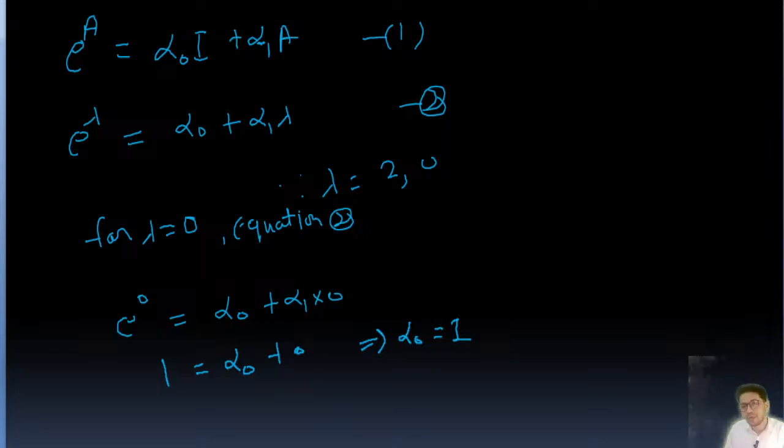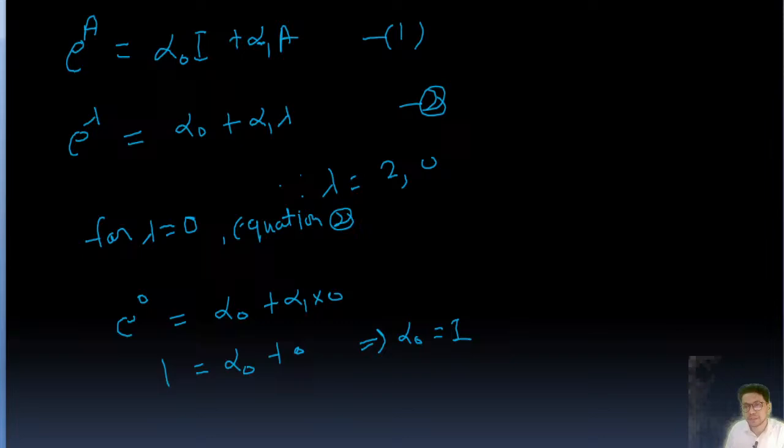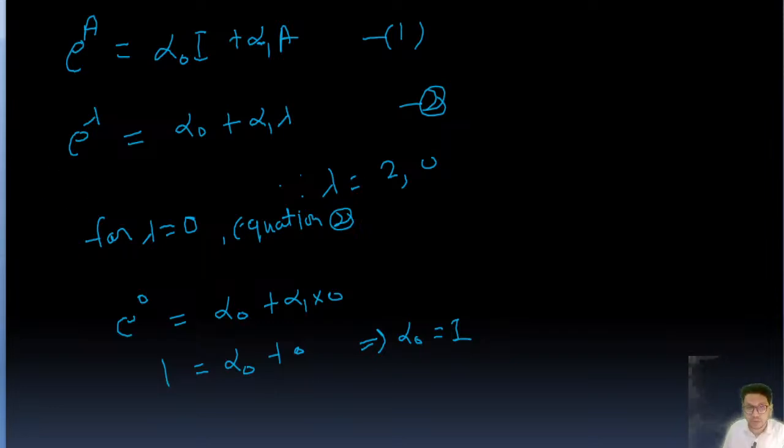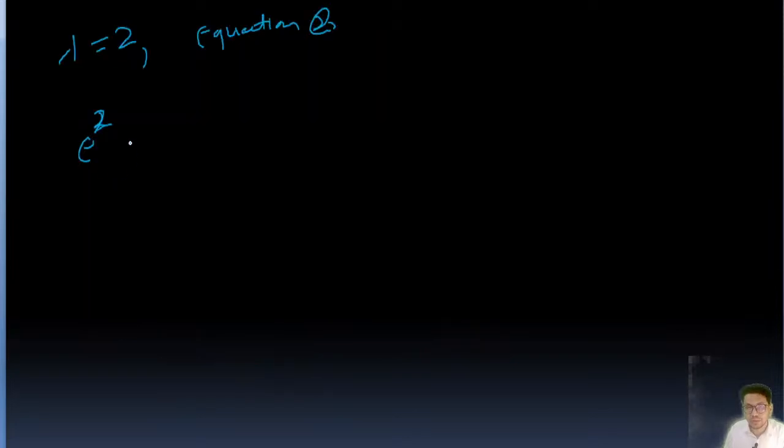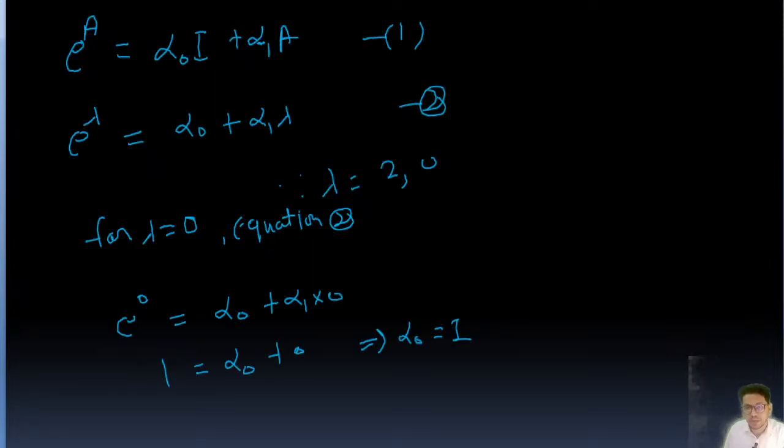Similarly, for lambda equal to 2, equation 2 is going to be e to the power 2 equal to alpha naught, which is 1, plus alpha 1 lambda.